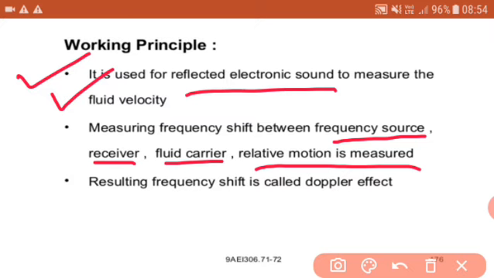It means the frequency shift will be measured, and the resulting frequency shift is called the Doppler effect.